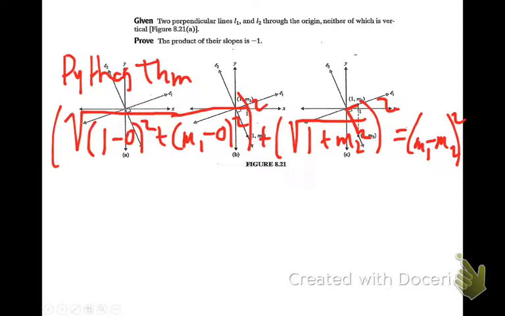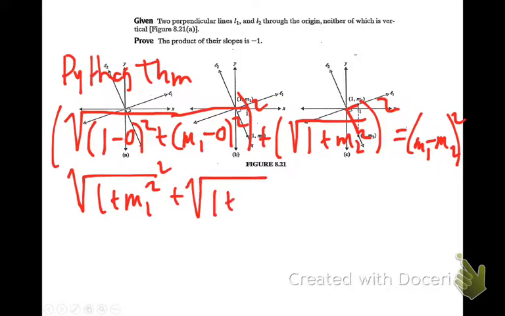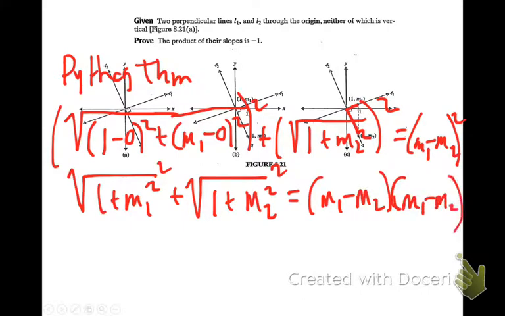So we simplify and we get the square root of 1 plus M sub 1 squared, all squared, plus the square root of 1 plus M sub 2 squared, all squared, and that's going to equal M1 minus M2 squared, so that's M1 minus M2 times M1 minus M2, right?